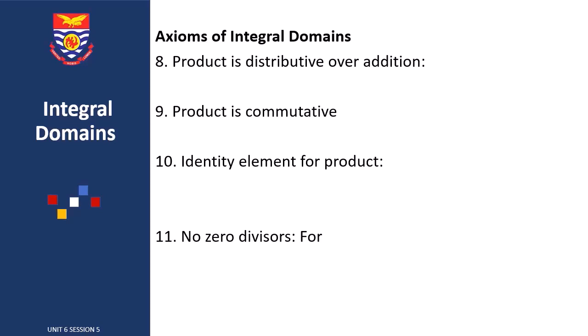Number 9 is also commutative. So I can say that A operation B equals B operation A for all A and B members of D. So simple. And the next one, identity element for products.